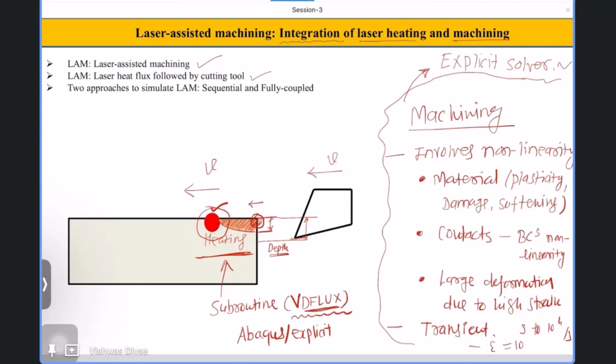Even people have tried DFLUX with a sequential approach.